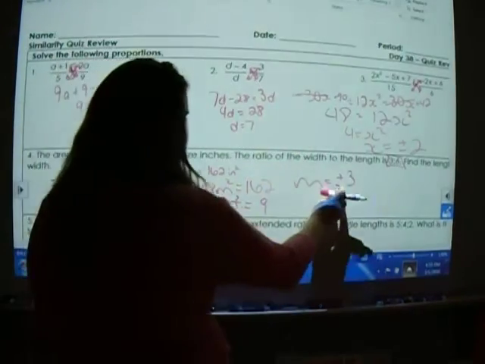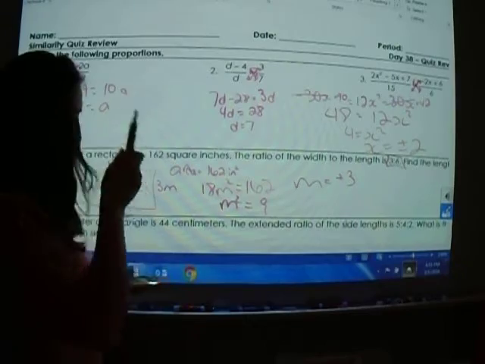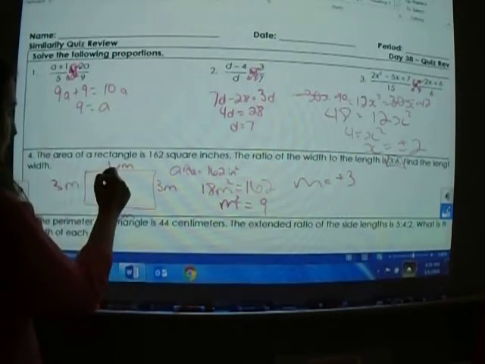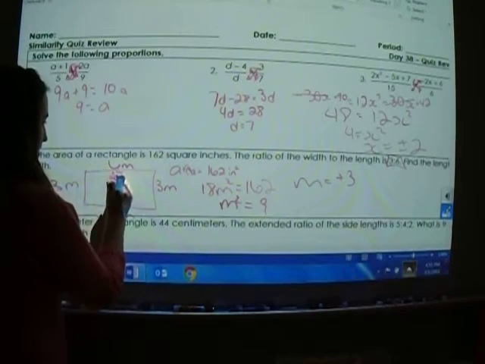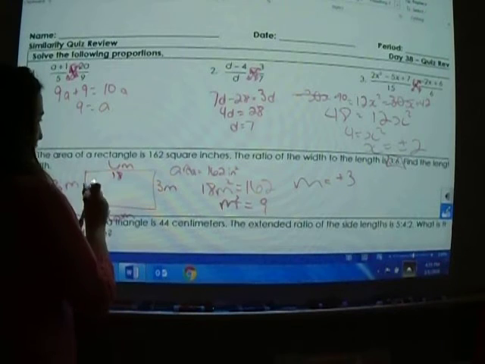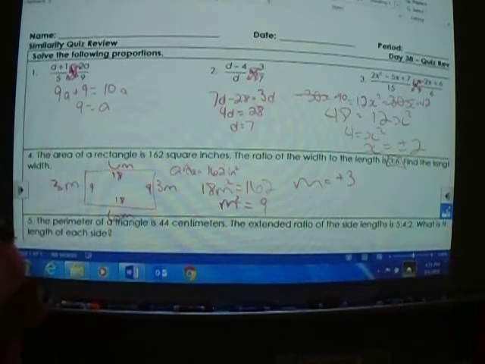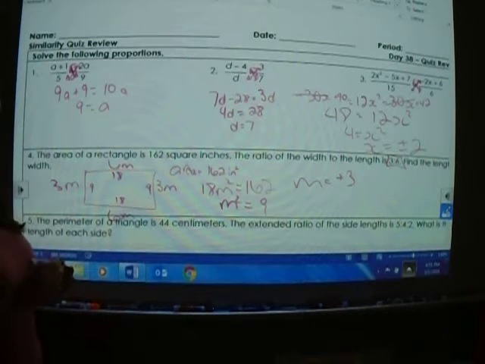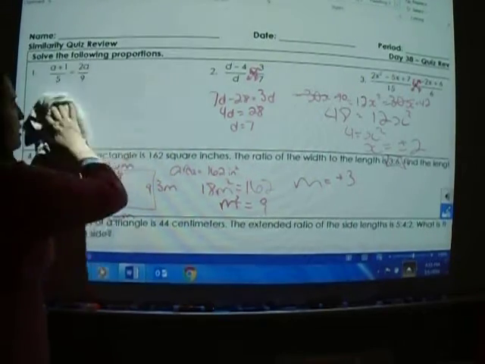Obviously, it has to be plus, right? Because you can't have a negative length or width. So the length, 6m, is going to be 18. And the width, 3m, is going to be 9. All right, and if you calculate it, 18 times 9 is going to give you 162. All right, so let's move on here.